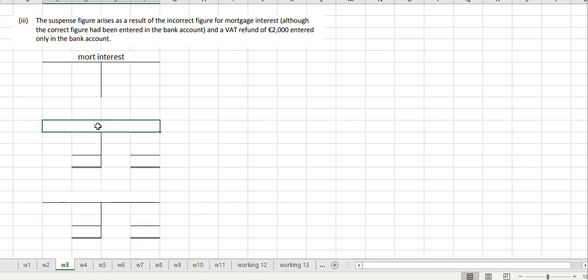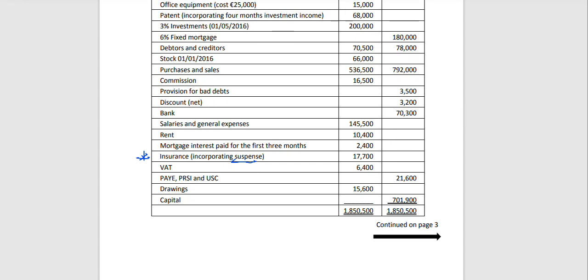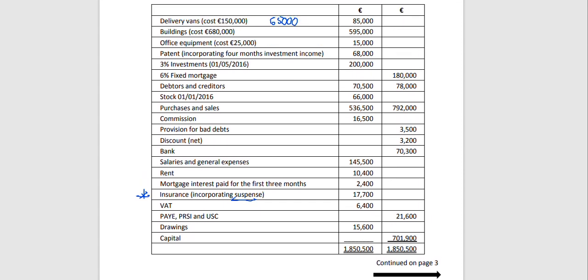So I'm going to change my insurance account. And the third one, a VAT refund entered only in the bank account. So it wasn't entered into the VAT account. So we're going to have to fix that. So we're going to take 3 figures from the trial balance. So if I look at the trial balance, I see mortgage interest paid for the first 3 months, 2,400 on the debit side.